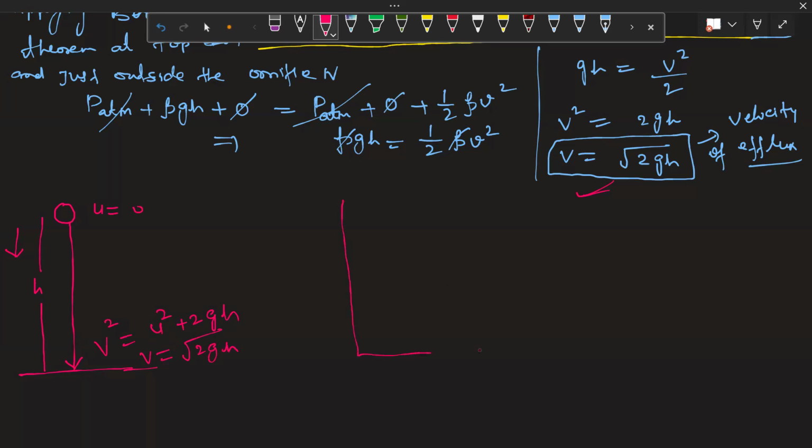And if I take a tank and make an orifice at depth h, the liquid coming out of this orifice also has the same speed, v equals under root 2gh. So the liquid coming out of the orifice is just like a particle dropped freely from the same height. Do you understand this line, Anil?